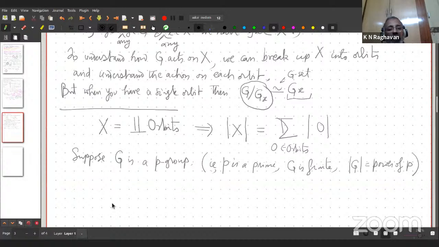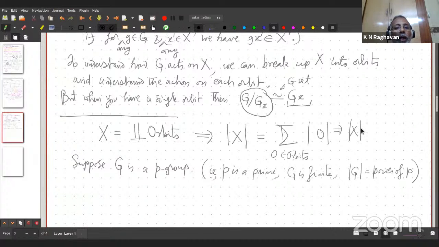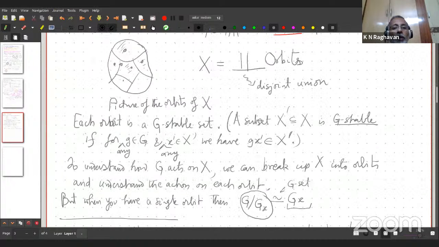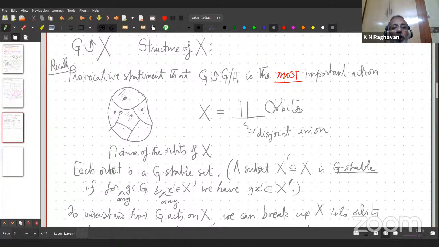Then you can rewrite this. Let's look at this picture again. Maybe there are some singleton orbits here. There is a single point here, and maybe there is this singleton orbit here and so on.